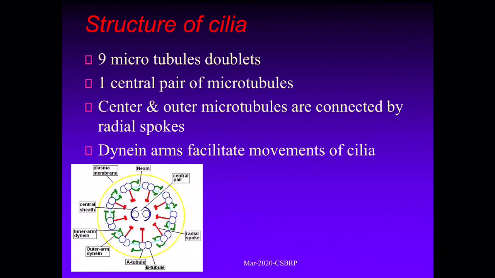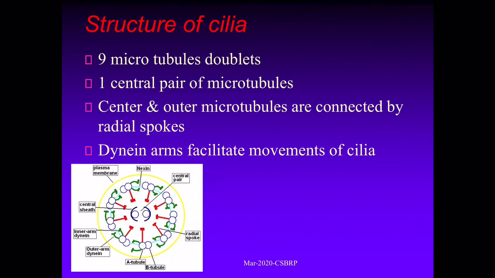Transverse section of the cilia, it has got some circular structures which are occurring in doublets. So there are 9 at the periphery and 1 pair at the center. Those at the periphery have some greenish extensions, outer and inner extensions. This is known as the Dynein arms.